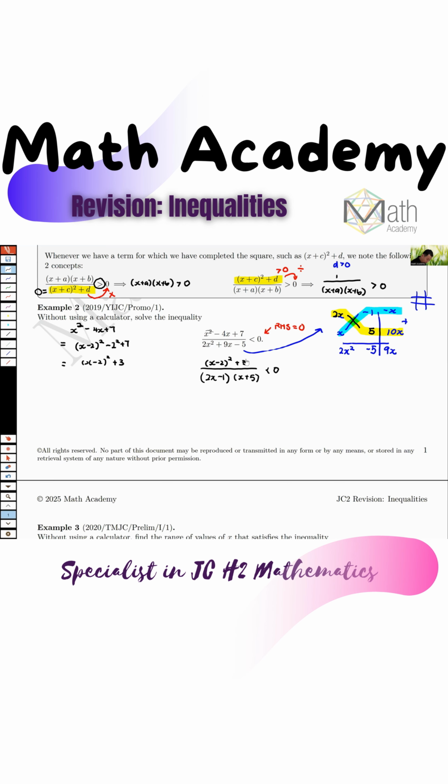When you want to remove that numerator, you have to quote a reason. So I have to say, since this value is positive for all x values that are real numbers, you remove that numerator, so this will be lesser than 0. As long as your term is always positive, you can remove it.